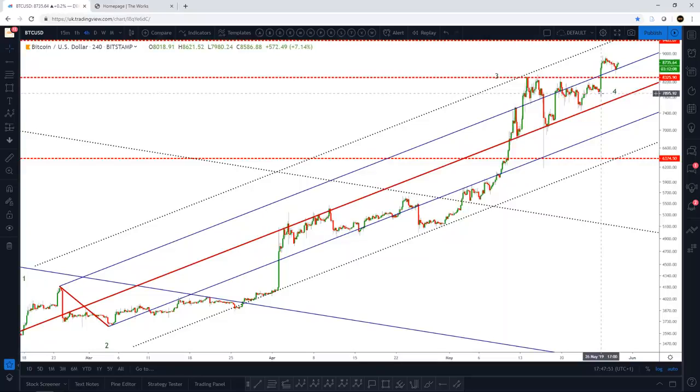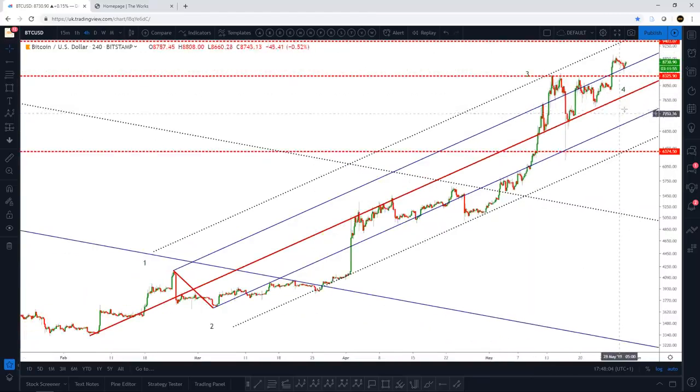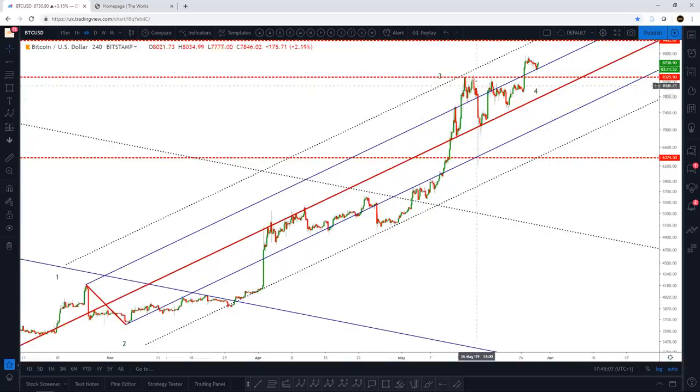So 7900 would be the point of invalidation. If 7900 gets taken out, I would no longer be calling this a triangle and a breakout. I would be calling it more of a larger scale running flat, with this being A, B and C, coming down to around 6700, potentially finding confluence with the lower warning line of the pitchfork. That's what I'll be looking for.